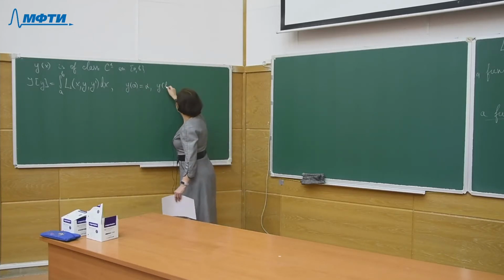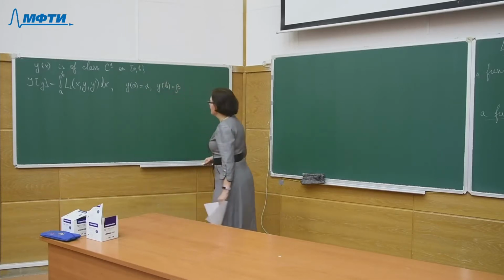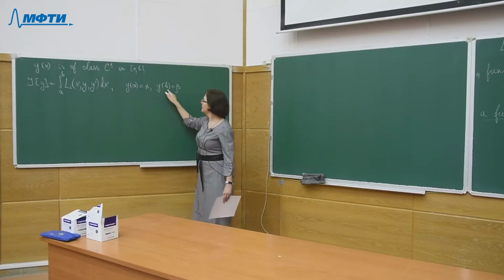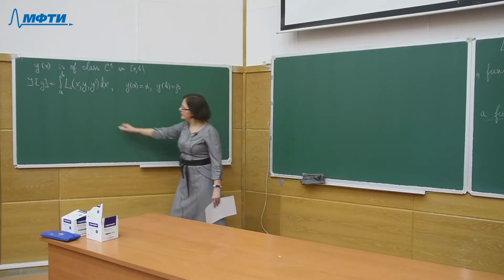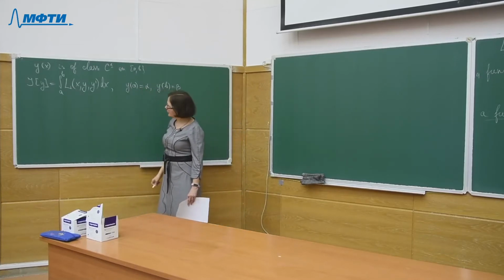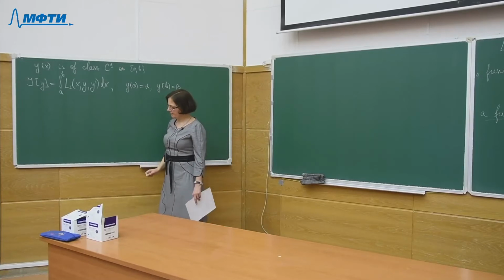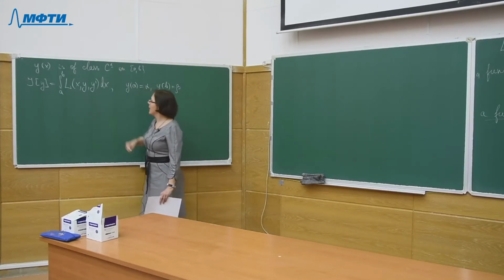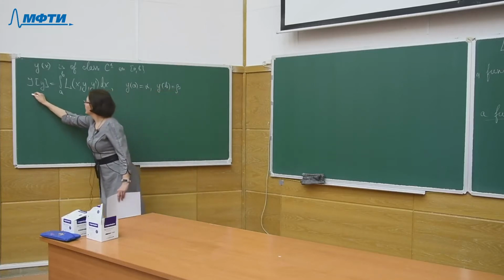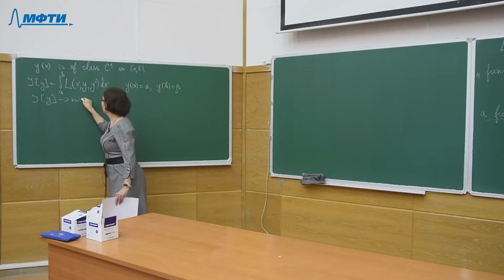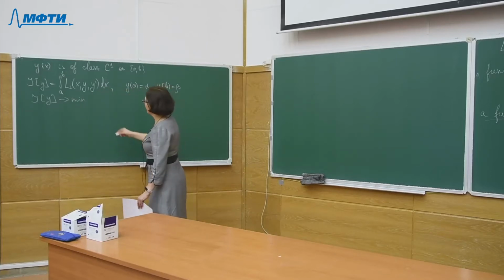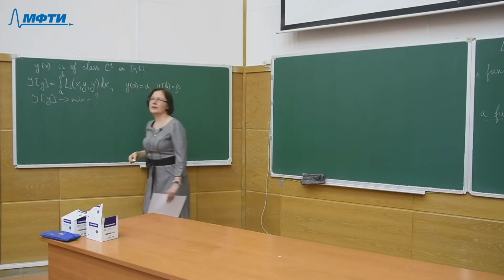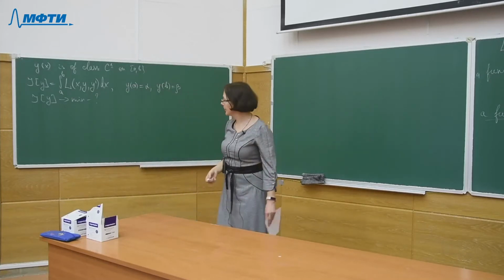And the second condition is y of b equals beta. So given numbers a, alpha, b, and beta, and given the Lagrangian function, we are asked to minimize this functional. Okay, and we will try to solve this problem.